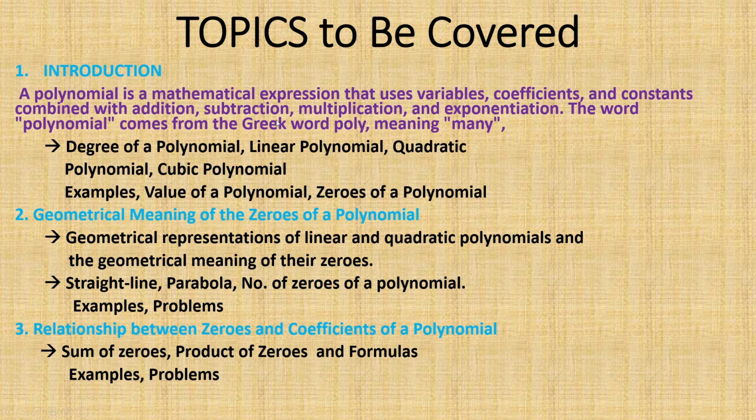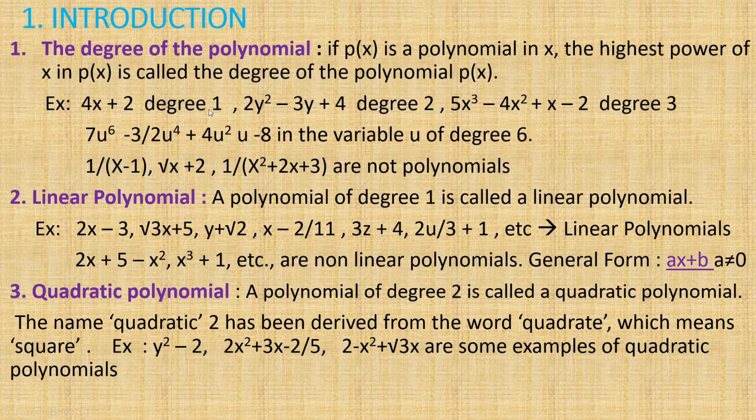Okay friends, in the examples we will see how a polynomial looks, so that you can clearly understand. See here. First, the polynomials are in this form: 4x plus 2, 2y square minus 3y plus 4, 5x cube minus 4x square plus x minus 2.